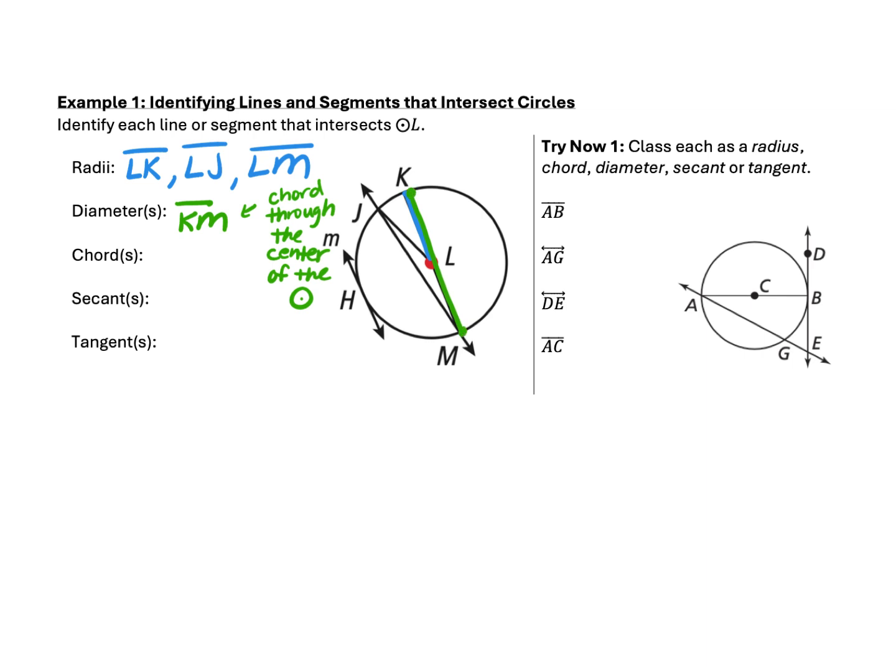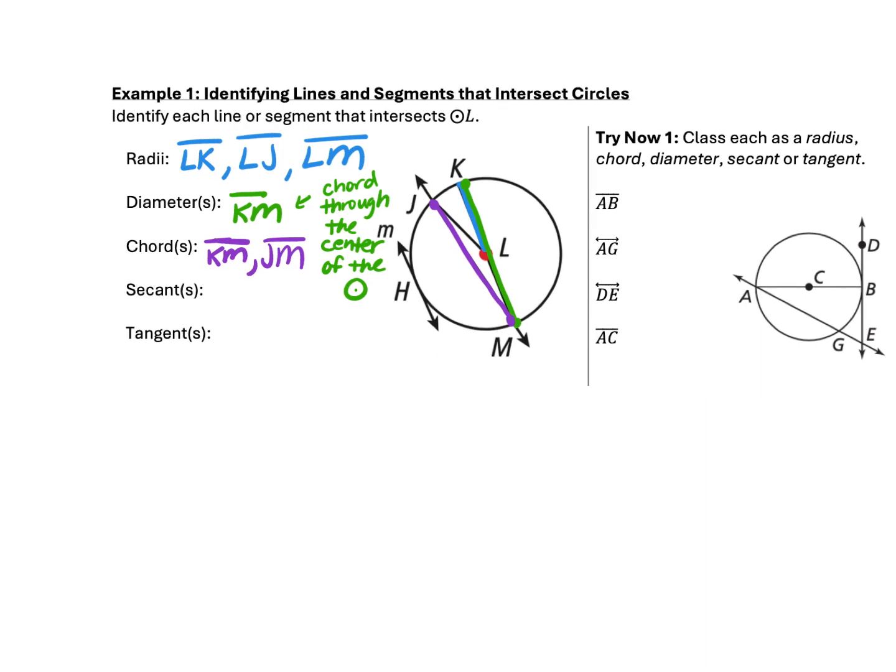So when I'm naming my chords, one of the chords will be the diameter KM. There's another chord that is not a diameter, and that goes from here to here, JM. Notice how JM does not go through the center of the circle, but it's still a segment whose endpoints are on the circle. So the first 3 things that we found, the radii, diameter, and chords, these are all segments.